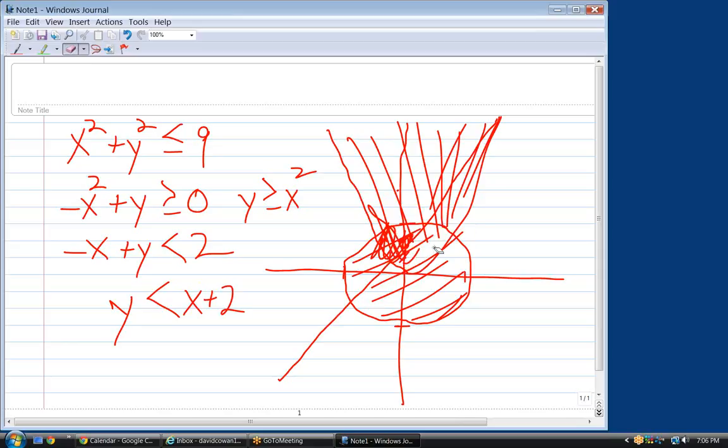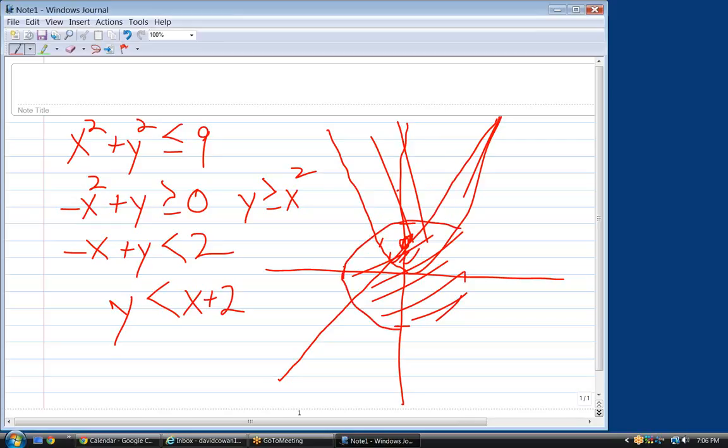Let me erase some of this other stuff I've drawn in there. So, to be below that line, I'll draw my circle back in there. For all of this, the area has to be below the line, inside the circle, and above the parabola.